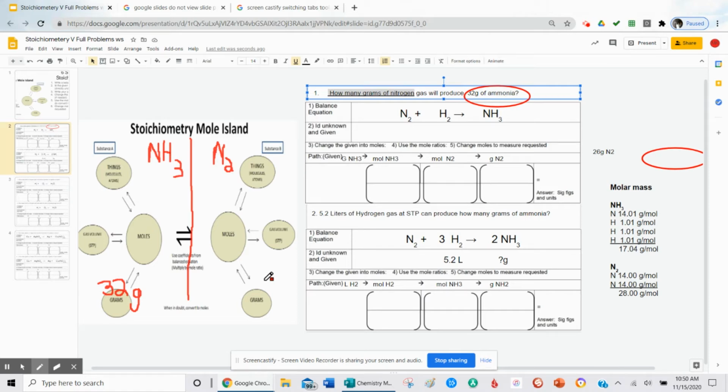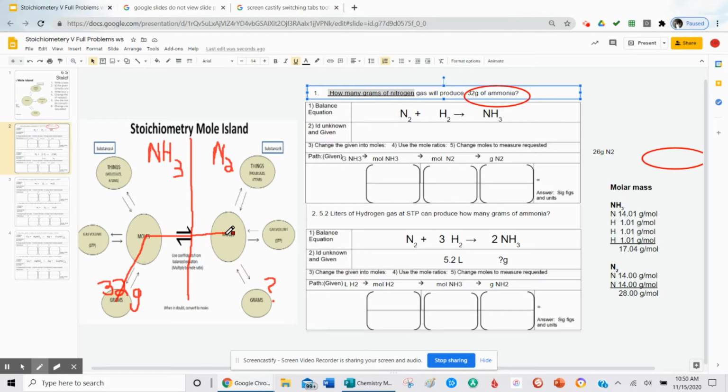I want to find how many grams of nitrogen. So I'm on my nitrogen side. So my path is going to go from grams of ammonia to moles of ammonia. And you need to figure out your molar mass per 1 mole for that. Then we're going to go from moles of ammonia to moles of nitrogen using those coefficients from the balanced equation.